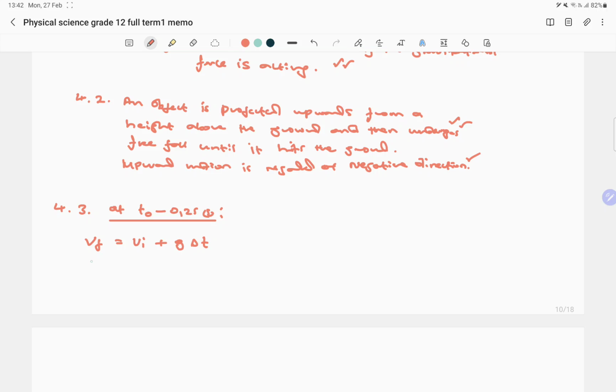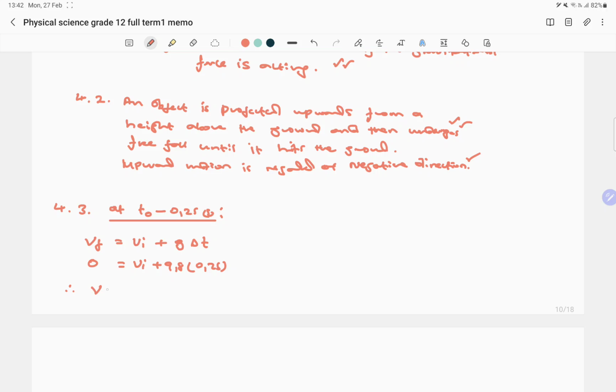We know that the final velocity is 0 there, and then the initial velocity is what we want, plus here g is basically 9.8 into 0.25, because that's the time, right?